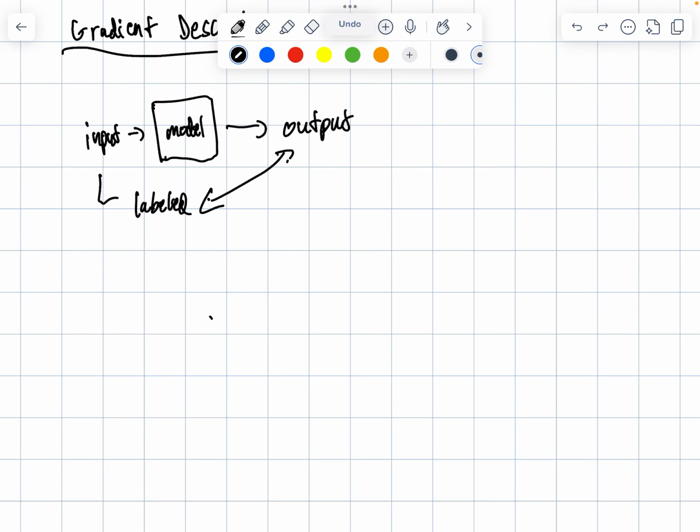the model's predicted output versus the actual, and this is essentially our model's error.